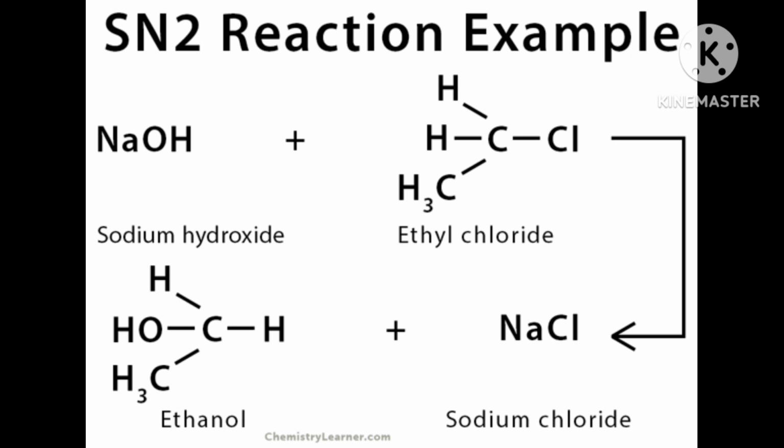The polarized C-Br bond undergoes slow cleavage, meaning it breaks slowly to produce a carbocation, where carbon carries a positive charge, and a bromide ion, in one step.